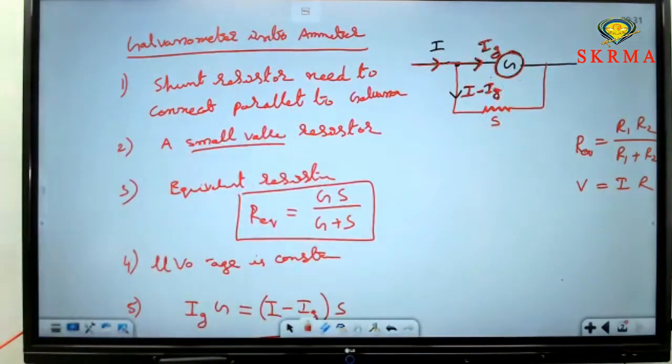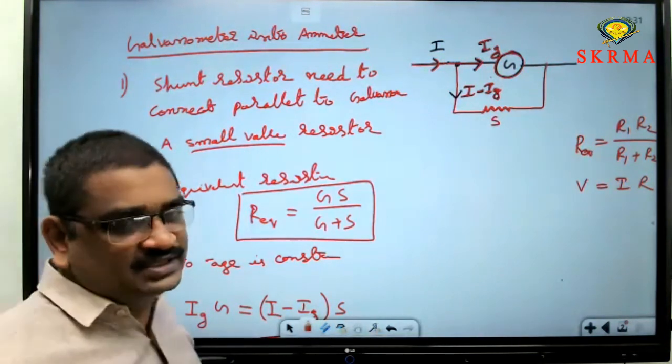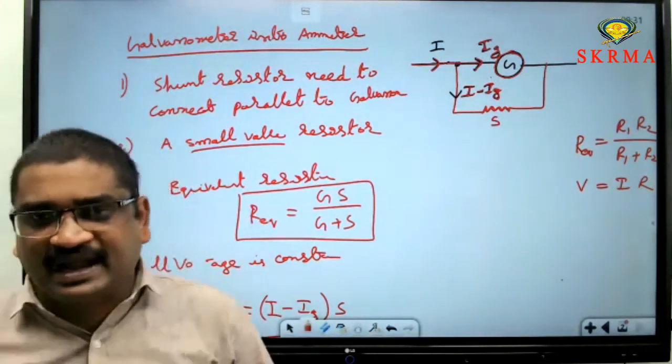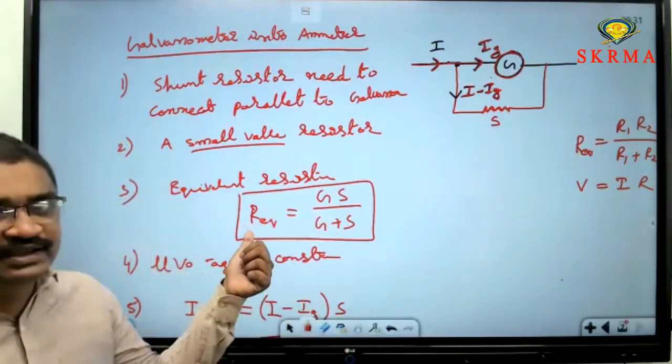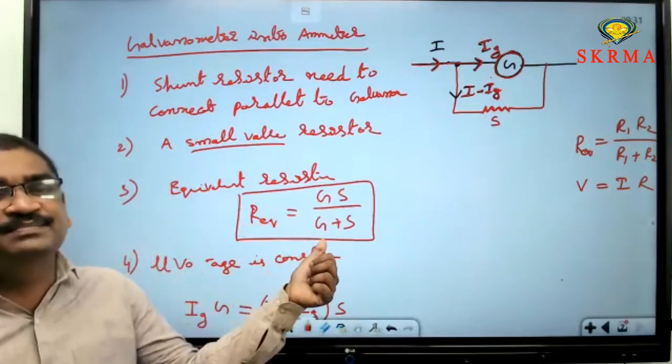Now here the shunt resistor and galvanometer are connected in parallel. What is the equivalent resistance? Equivalent resistance is G into S by G plus S.